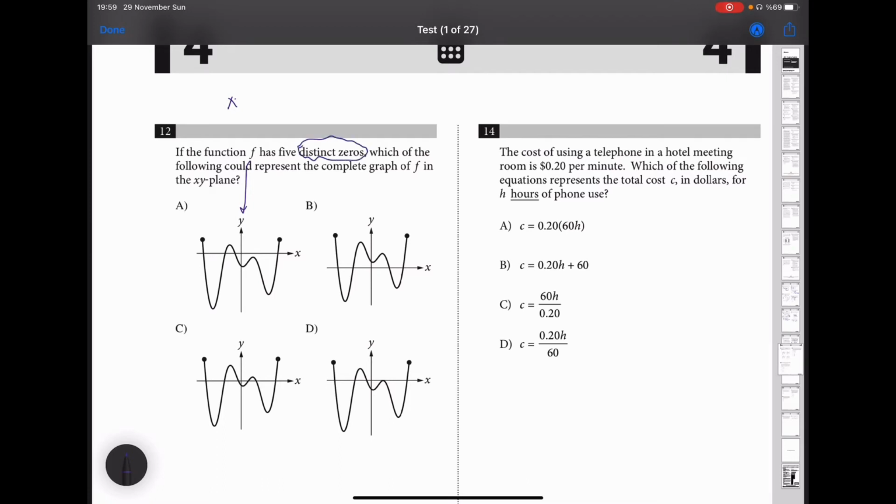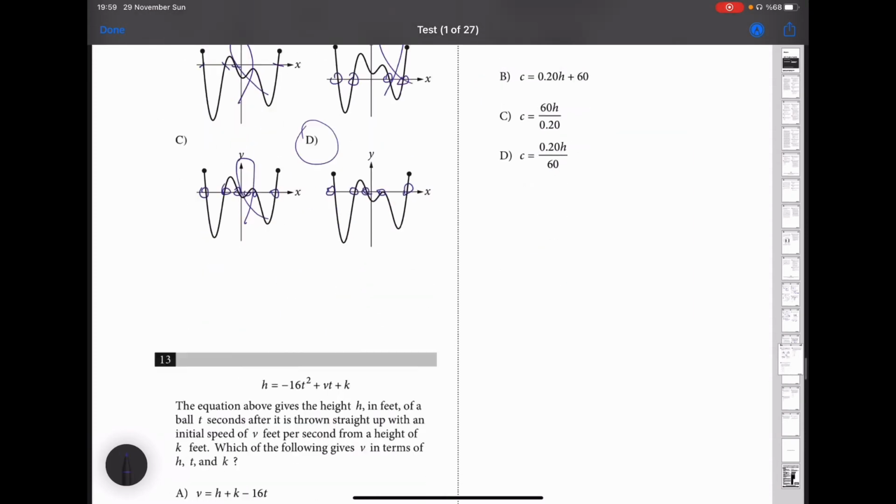So there should be an x-intercept to have a 0 value in y, right? So let's check individually. 1 distinct zero, 2, 3, 4. A is not correct. 1, 2, 3, 4, not correct. 1, 2, 3, 4, 5, 6, not correct. 1, 2, 3, 4, 5. D is the correct answer.